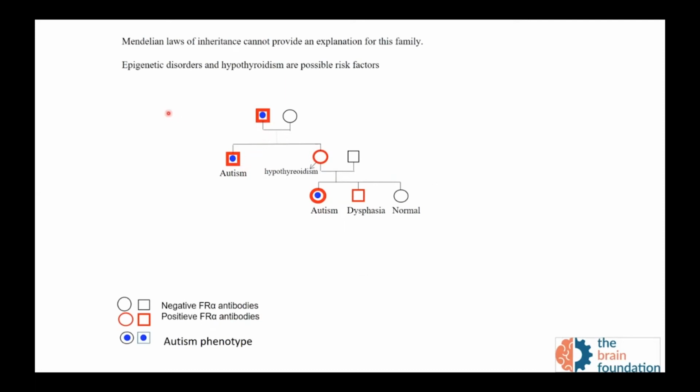So we thought that this was probably a form of epigenetic transmission, where the factor inducing these epigenetic changes could be folate receptor alpha antibodies. But the question was why the mother was protected and didn't have autism.